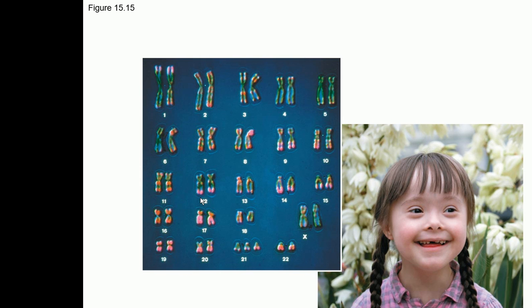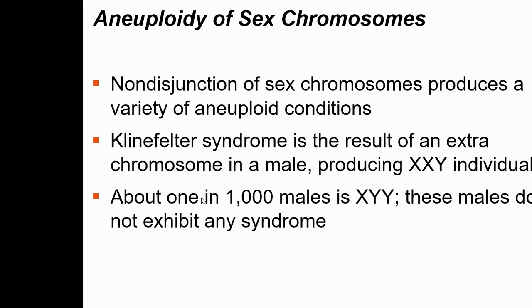You can see there are 3 copies. Then there are other syndromes like Klinefelter syndrome. It's a result of an extra chromosome in a male. So usually the male chromosomes are XY. They have one extra X chromosome.